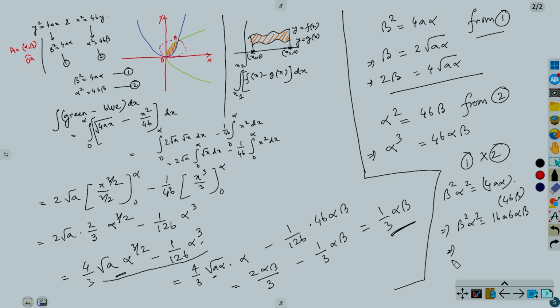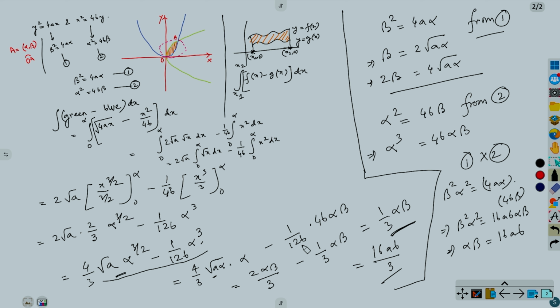Alpha beta will get cancelled out from both sides, so we obtain alpha beta equals 16ab. So yippee, we get the answer, right? So this is alpha beta equals 16ab by 3. We have the known form now in A and B.